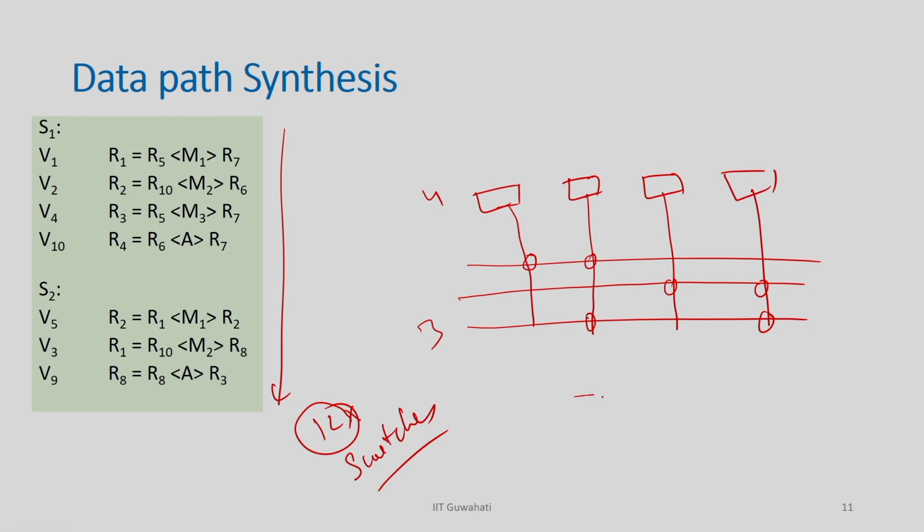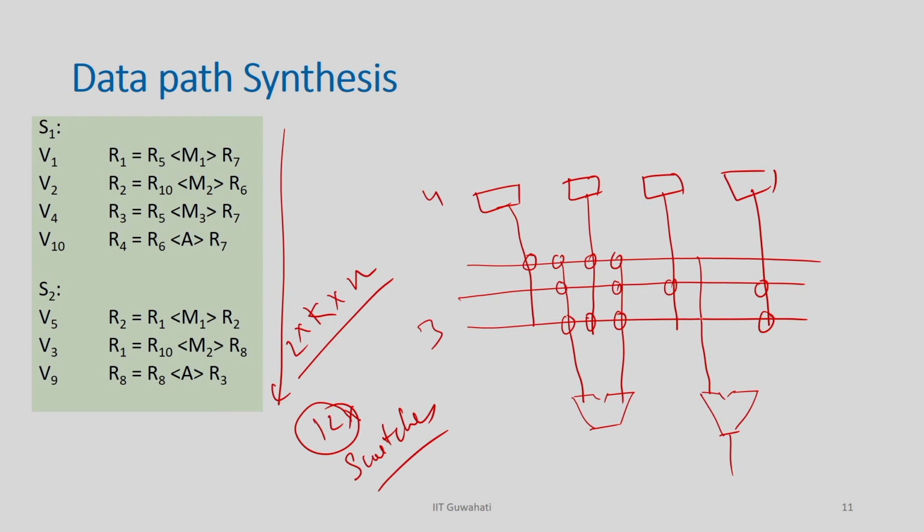Similarly, for FUs, you can connect all the inputs to all the buses through switches. If the number of FUs is k and the number of buses is n, then it is k times n times 2. This is the number of switches you need.